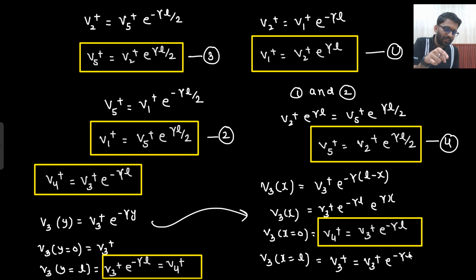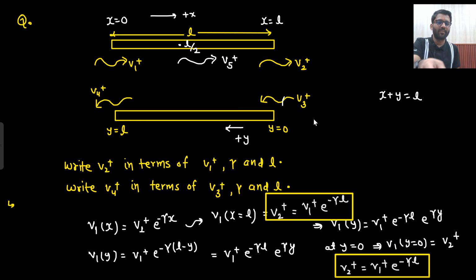V3 plus e to the power minus gamma L, and with x equals to L here, this and this get cancelled, so it is equal to V3 plus only. Are you getting this point? What I am saying is that this is your V3 equation with respect to x. So if you put x equals to L here, you get V3 plus e to the power minus gamma L e to the power gamma L, which equals V3 plus only. And you know that V3 at x equals to L becomes V3 plus only.